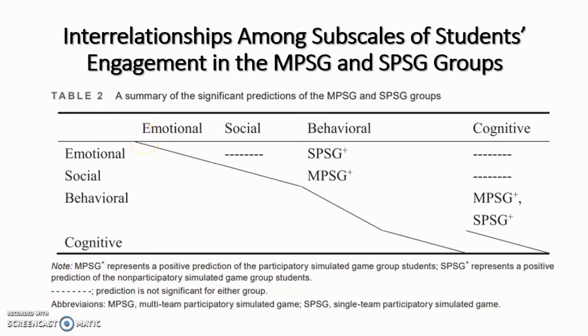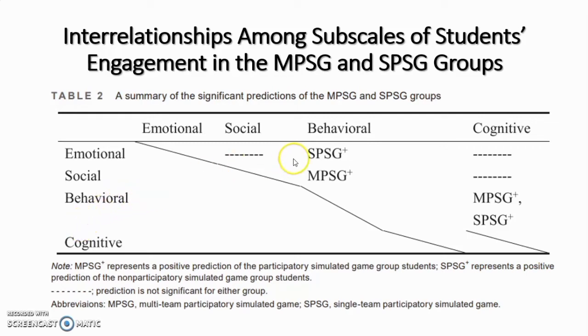Now let's see the summary of the significant predictions of the MPSG and SPSG groups as shown in Table 2. The result shows that in both groups, MPSG and SPSG, students' behavioral engagement significantly and positively predicted their cognitive engagement.